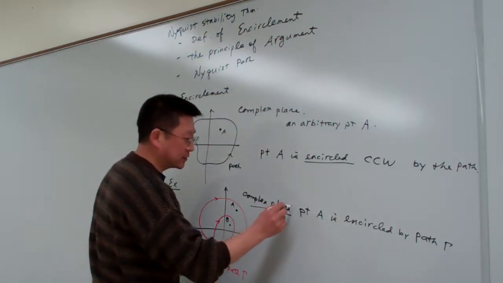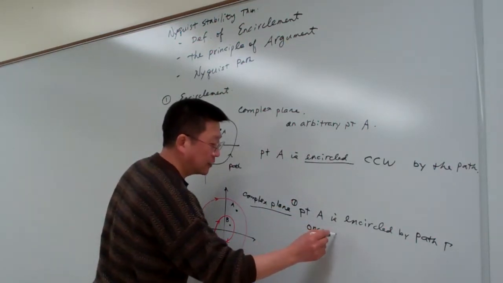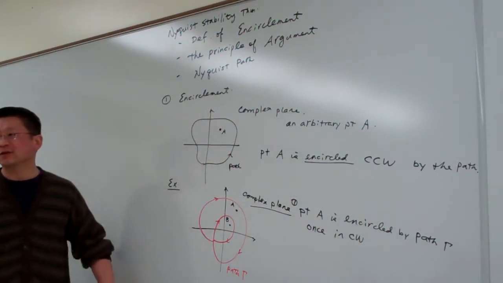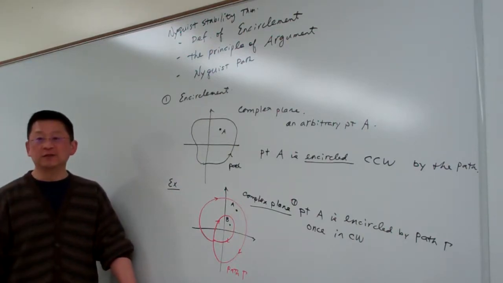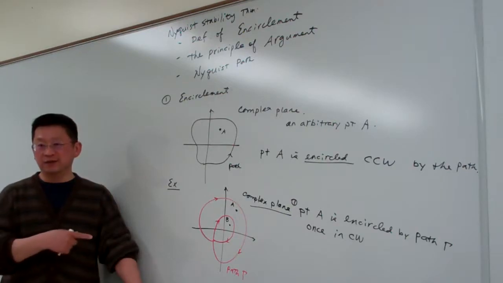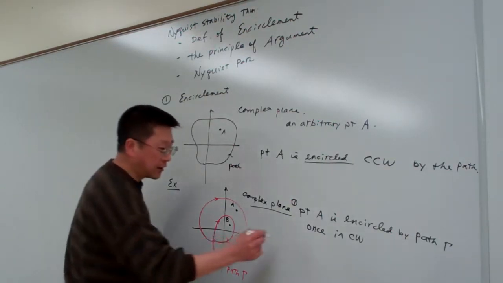Here I give the answer. The first one is once in clockwise direction. So basically you can say negative, if you want to do sign conventions with counterclockwise as positive. Or you simply write down the directions.